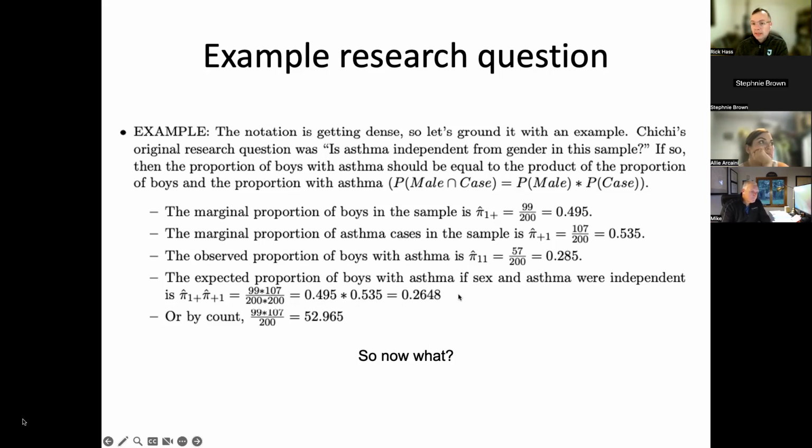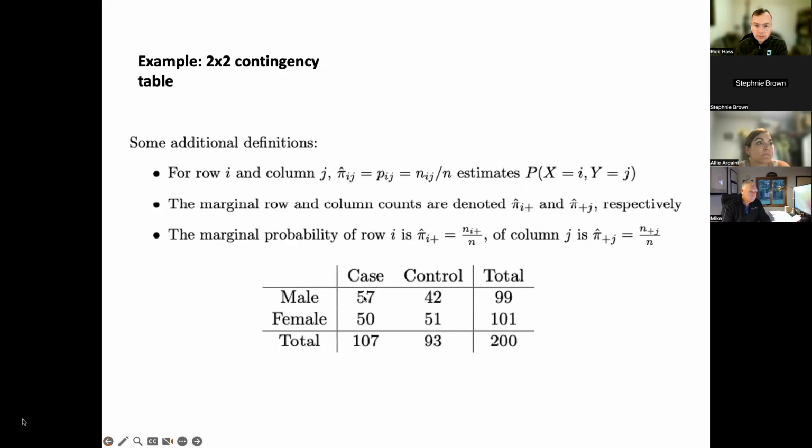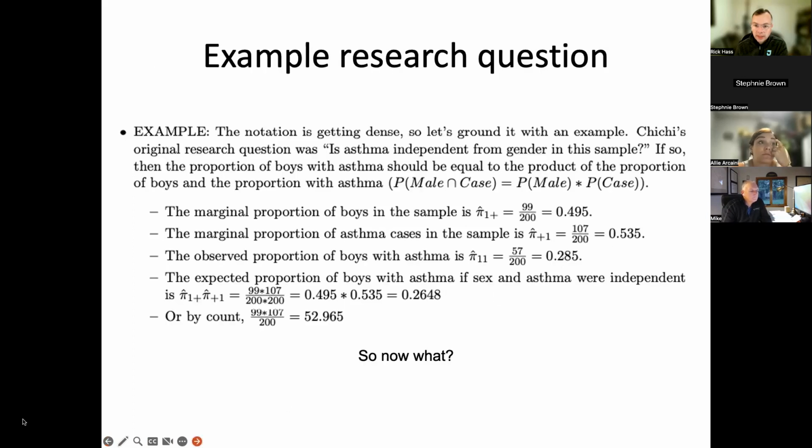So qualitatively, we can judge whether or not this equation holds by looking at the information we have. So this notation is just, again, the probability of being a male and having asthma, which we have right here, right? It's the 57 folks in our study that are male and have asthma divided by the total. That gives us our population estimate of 0.285, so 28.5%. Now, here's the important part.